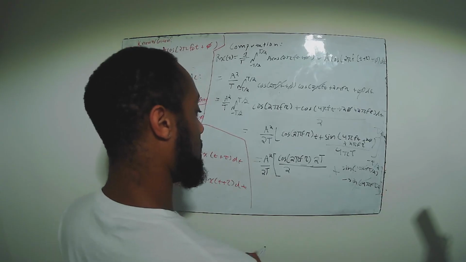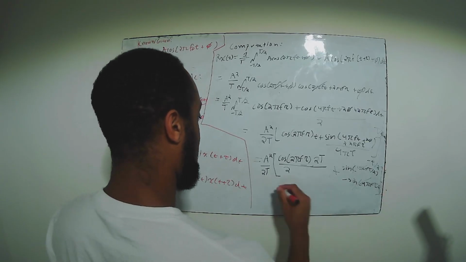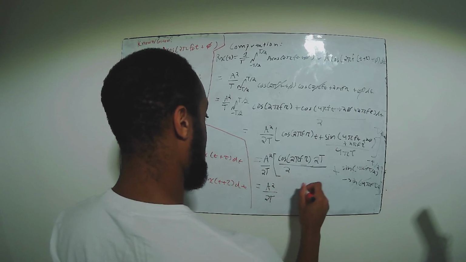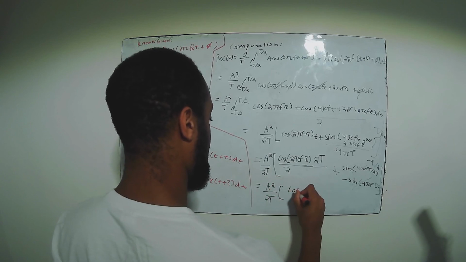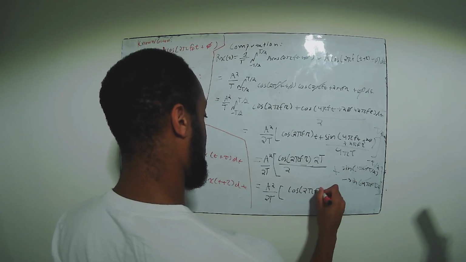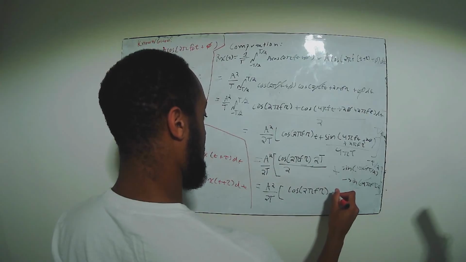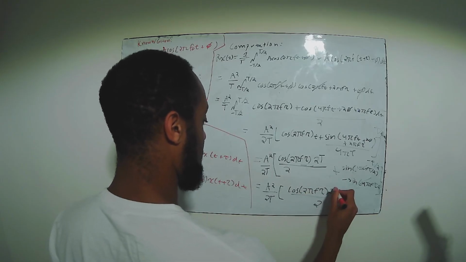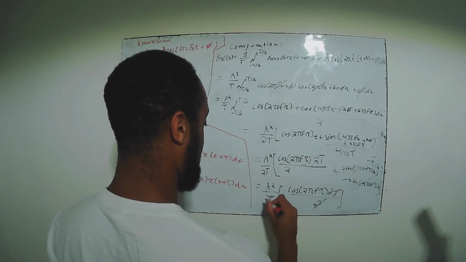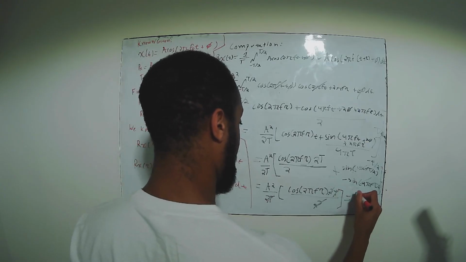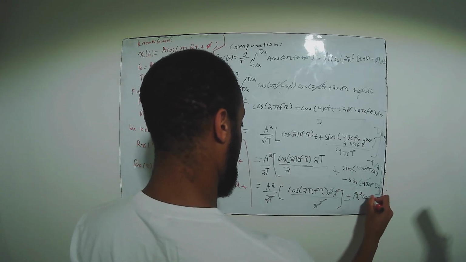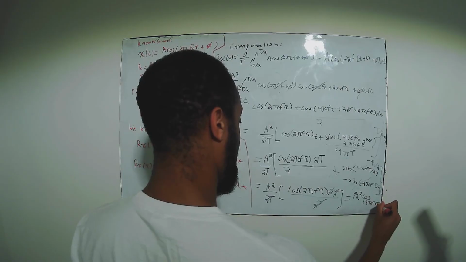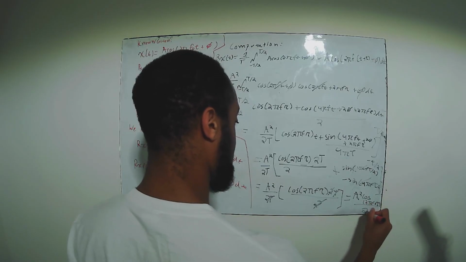Yeah. Okay. So then all we're left with is A squared 2t times cosine 2 pi f tau, divided by 2. So these 2's are going to cancel and these t's are going to cancel. In the end, we end up with A squared cosine of 2 pi f tau divided by 2.